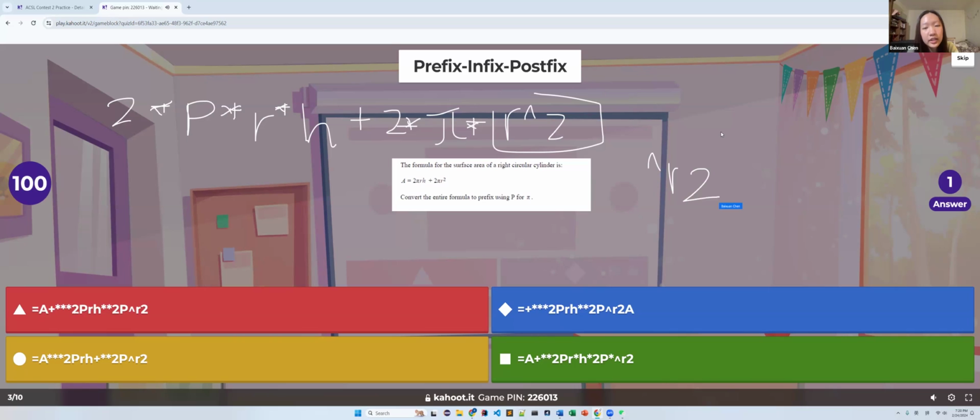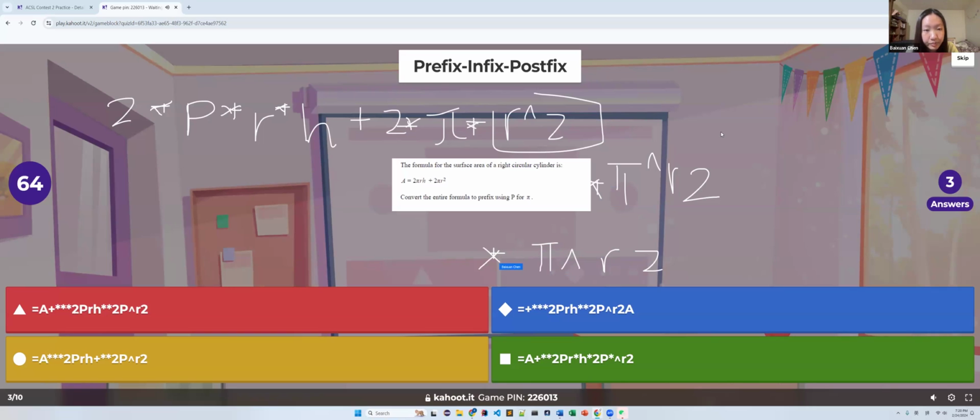And this one is going to be a new operand. The next operand is pi, and the operator in between is times. There are no parentheses in postfix or prefix notation. So then it'll turn into times, pi. Let me move it down here. Okay, so we have r 2 caret pi times.